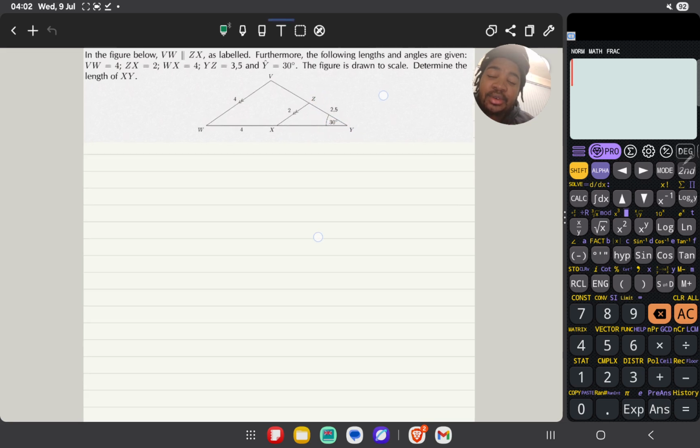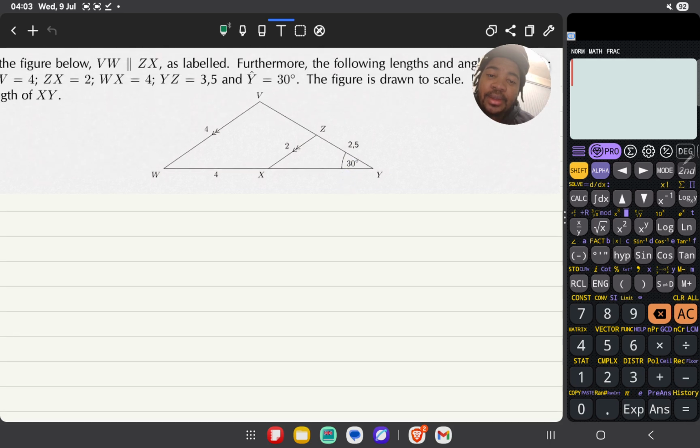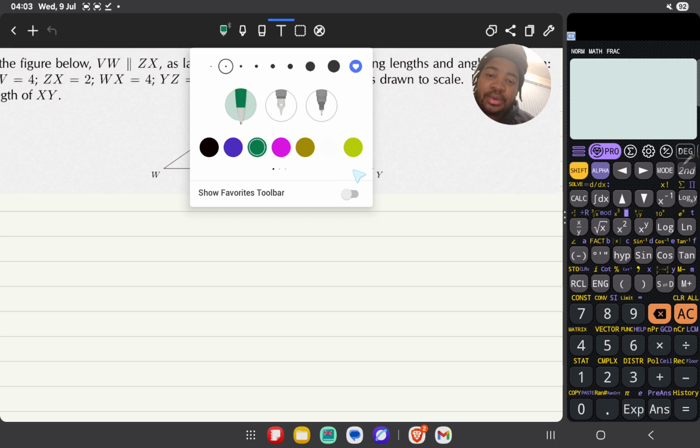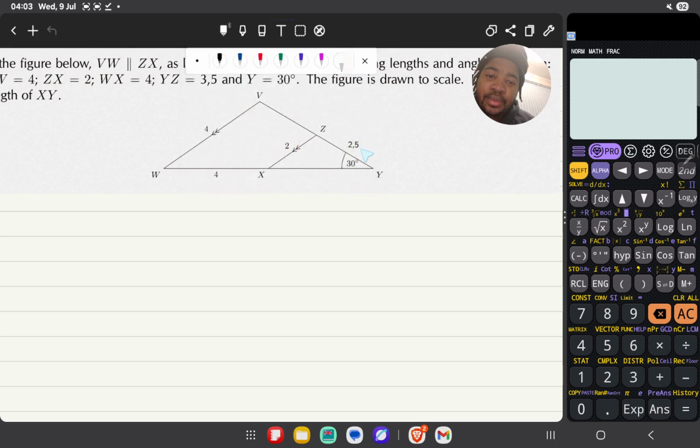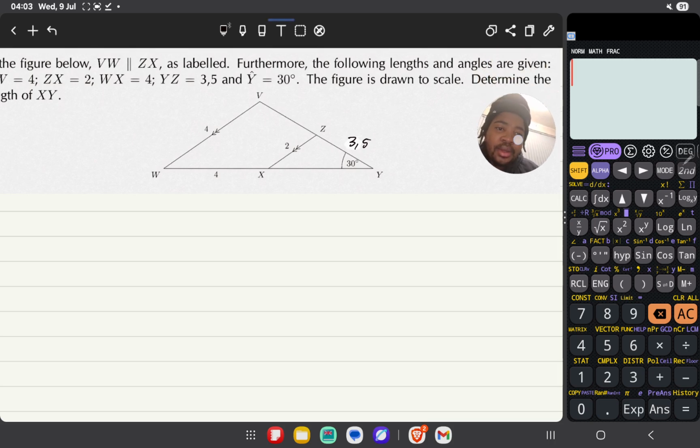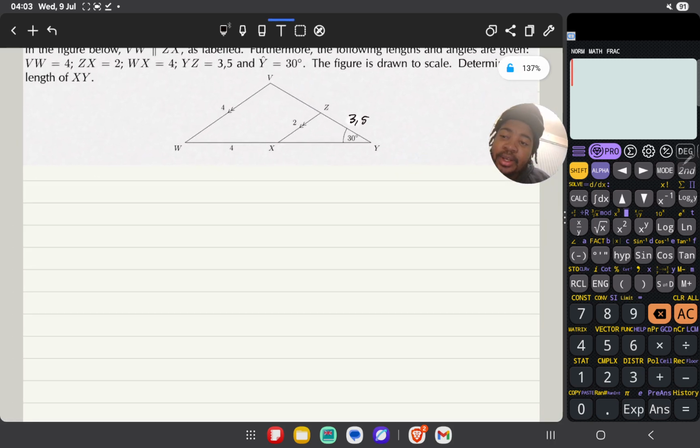So I think let's just go with 3.5. And the angle there, they say find the length of XY. This is XY.